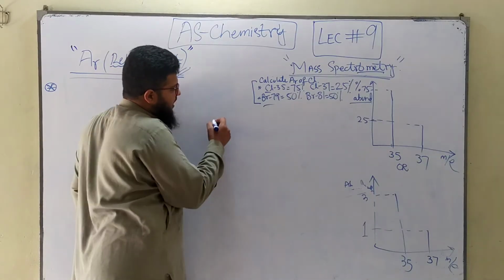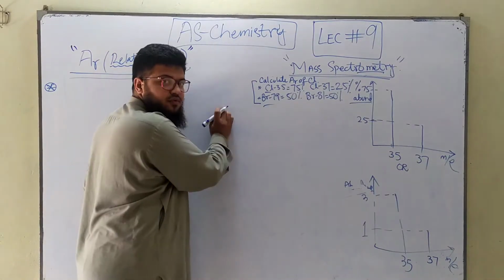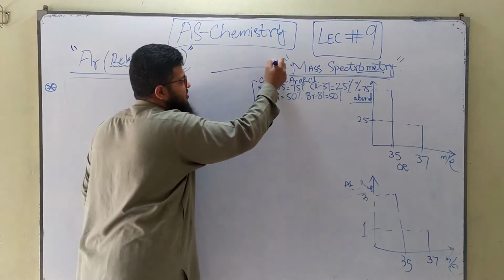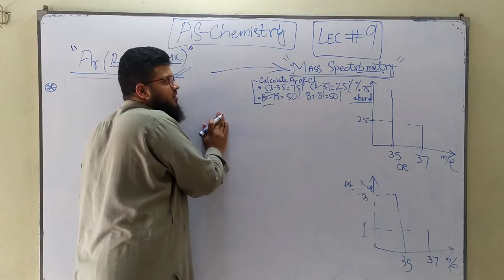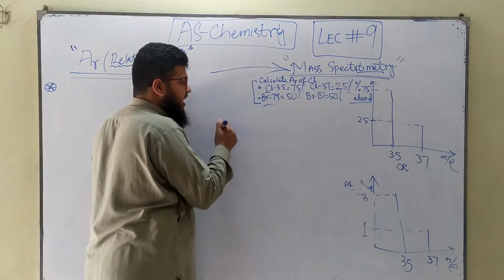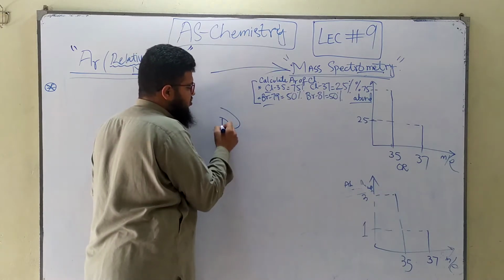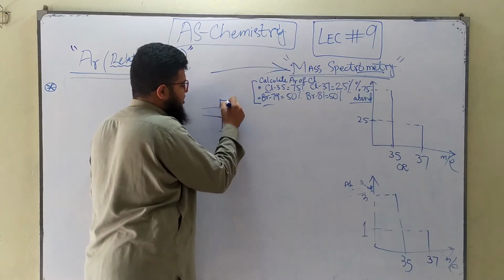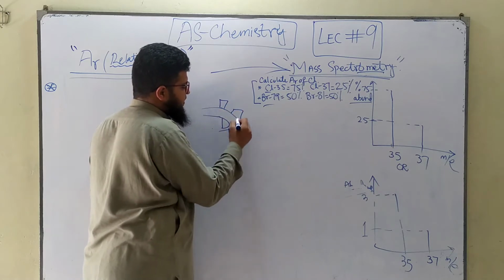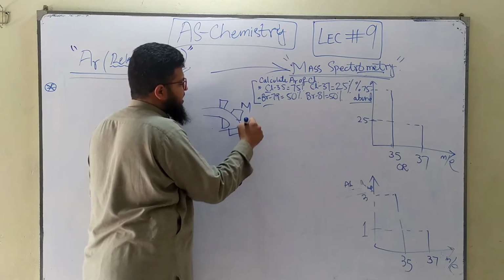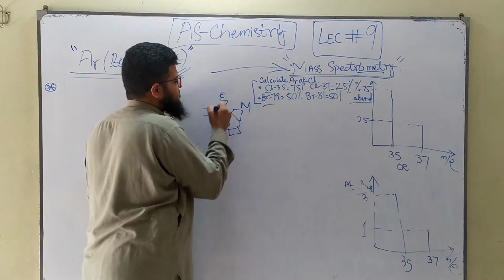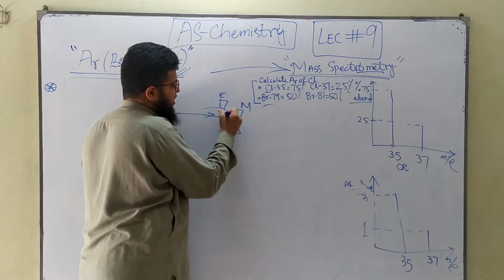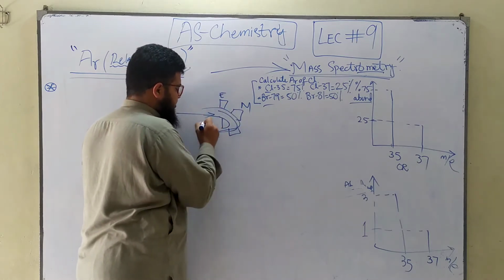In order to calculate the relative atomic mass, the information that we need will come from mass spectrometry. I'm assuming that you know what a mass spectrometer looks like, the diagram given in your books, with the electromagnets and the electric fields and a beam of electrons coming in and deflecting and hitting here.